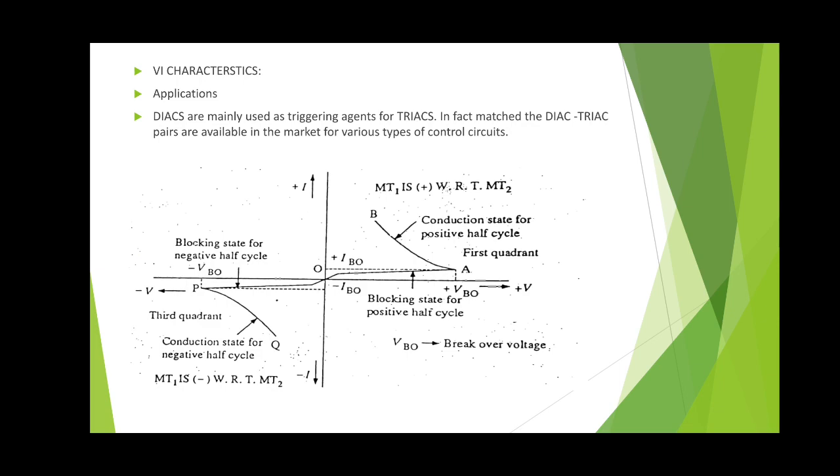So in the first quadrant, MT1 is positive with respect to MT2, and in the third quadrant, MT1 is negative with respect to MT2. One terminal we have to always keep as a reference, so that we will not get any sort of confusion.